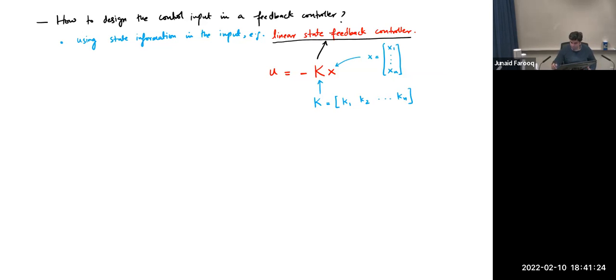So in other words, your u will be minus K1 x1 minus K2 x2, and then all the way to minus Kn xn.